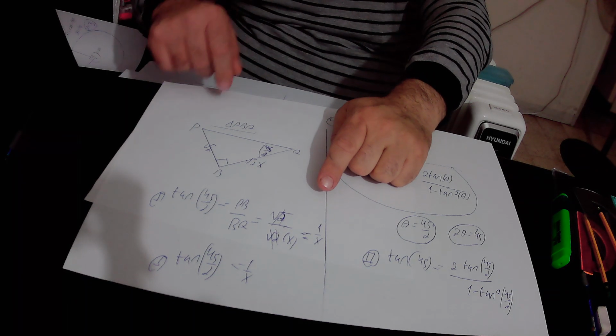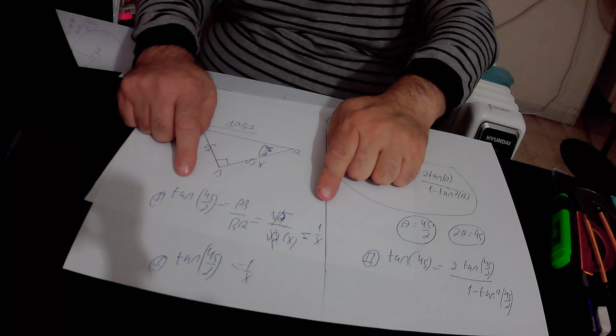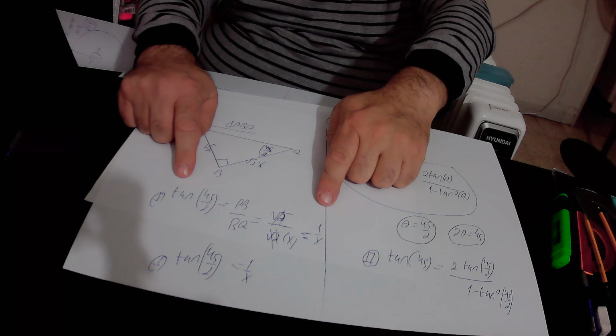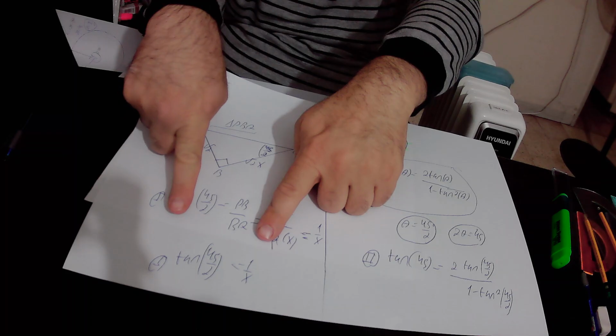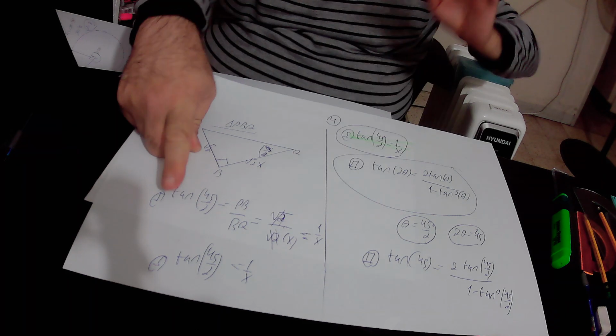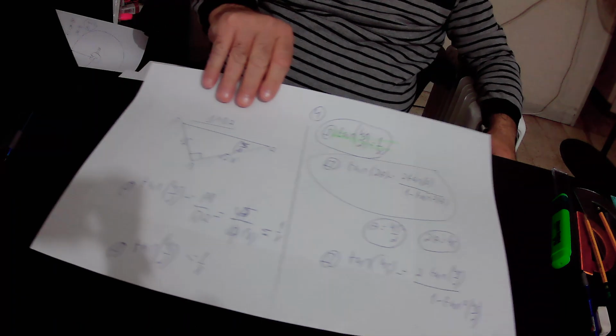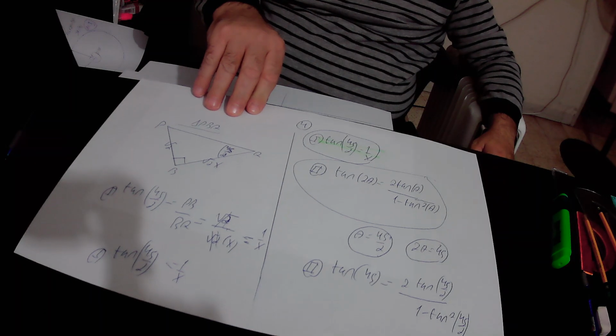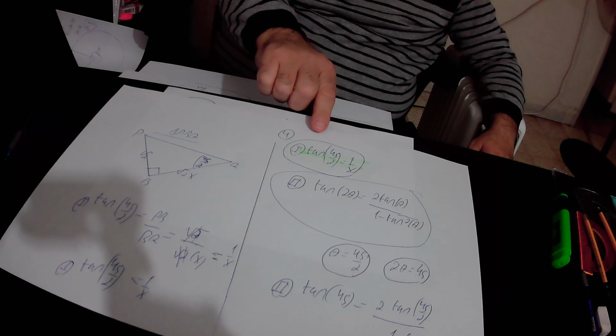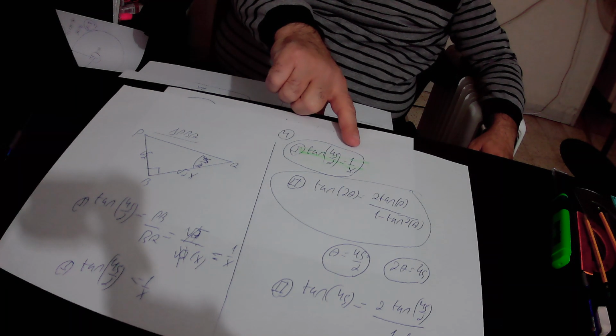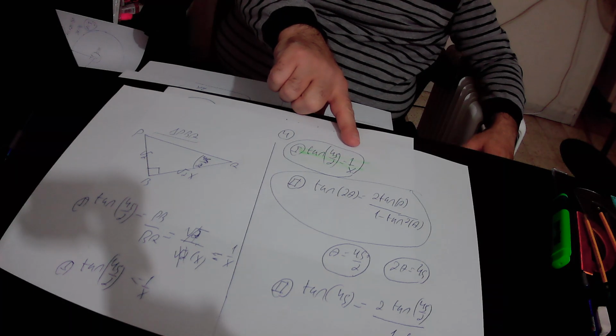So in total, according to equation number 1, tangent of 45 over 2 degrees equals 1 over x.